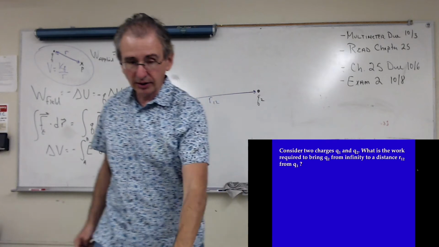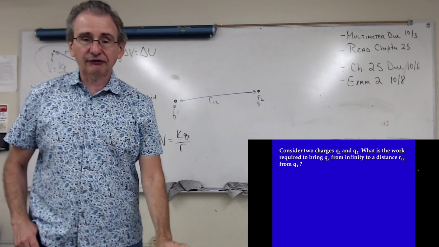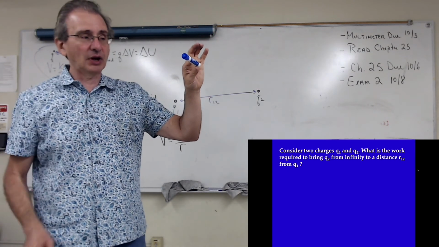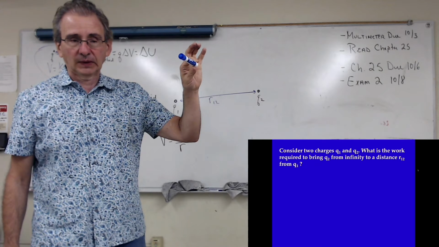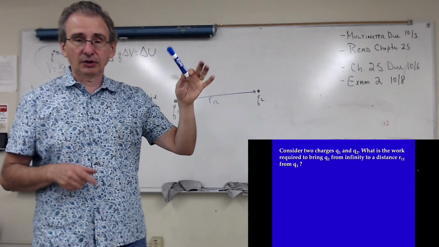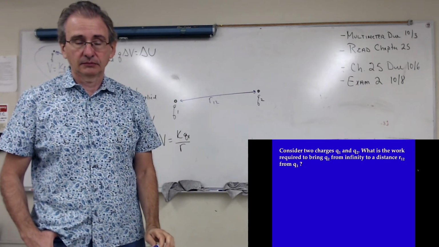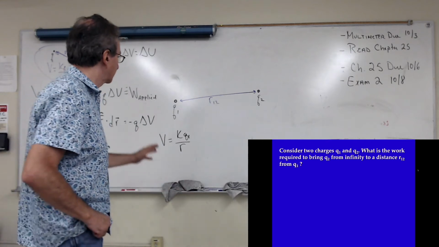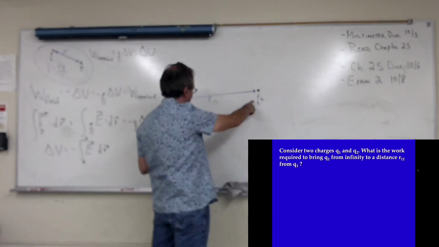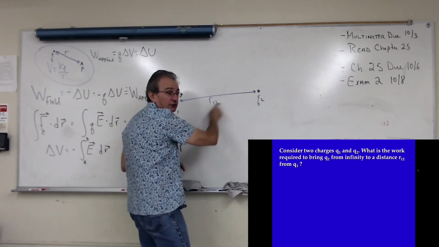In the same manner, if I take this marker that's on the table and lift it up to some final height, I did positive work to raise this marker. The work that I did goes into stored energy in the system of the marker and the Earth. Same idea. Some external force, maybe me, takes the object from infinity and puts it there. I've done work on it, and then energy is stored in the system consisting of these two charges.